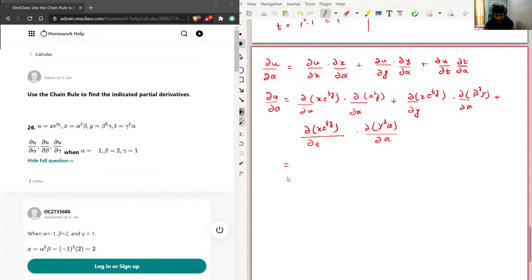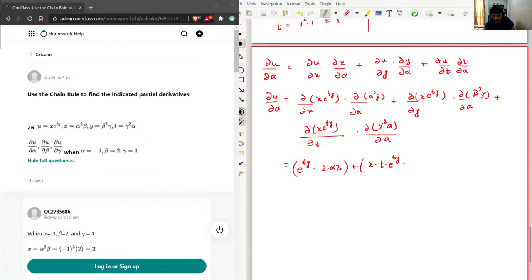So this will become e power ty times, and here we'll keep beta constant, so this differentiation is with respect to alpha, so this will become 2 alpha beta. For this one we'll differentiate with respect to y, and x and t will be constant, so this will be x, and t is a constant, so it will become t times e power ty.